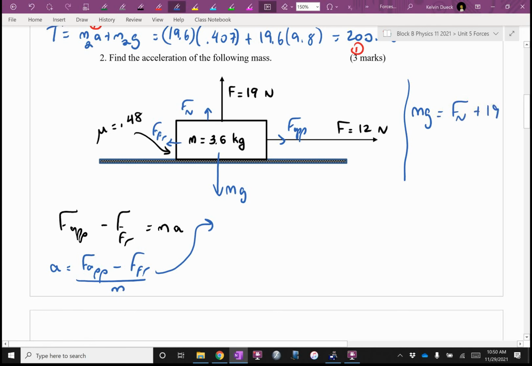And everything down is mg, everything up is a normal force and a 19. Except instead of and, what did I write? Plus. How would I get the normal force by itself here? I guess the normal force is going to be mg minus 19.